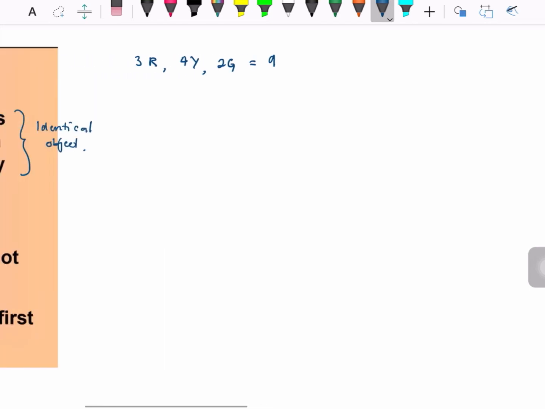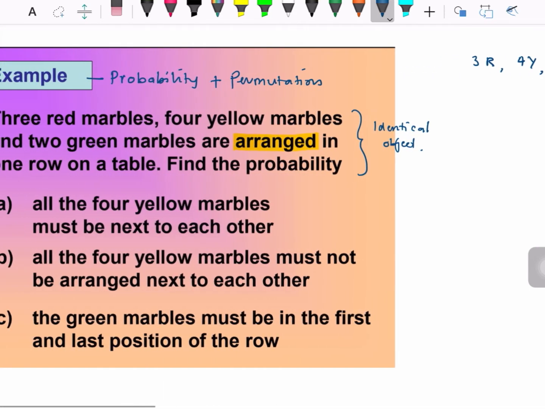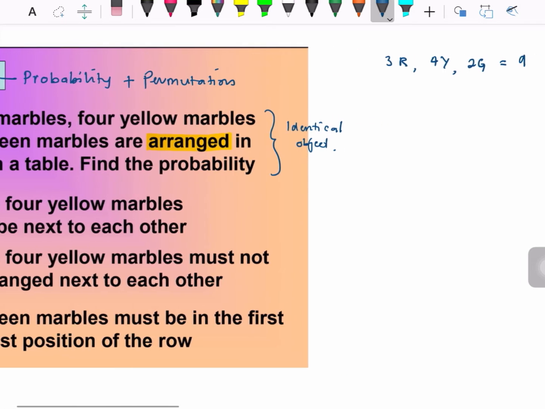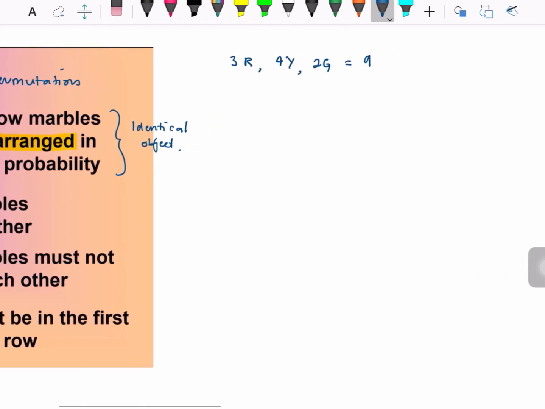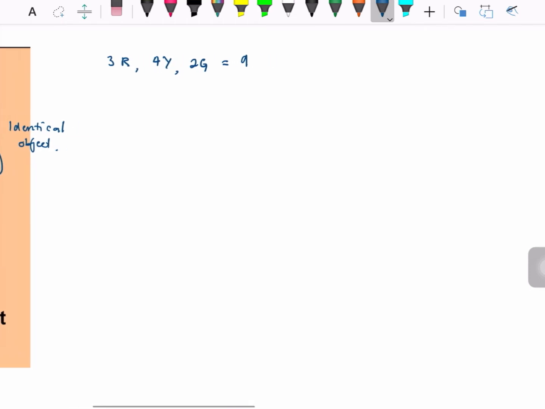As we know, these marbles need to be arranged on a table in one row. Since this is permutations with identical objects, if you still remember, we have to use factorials to find the arrangement.